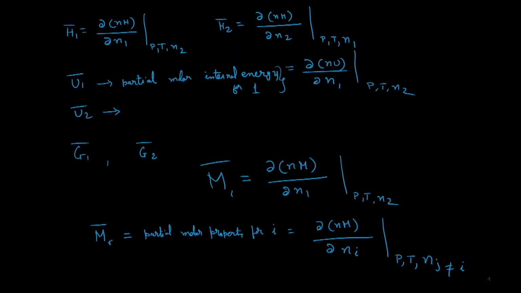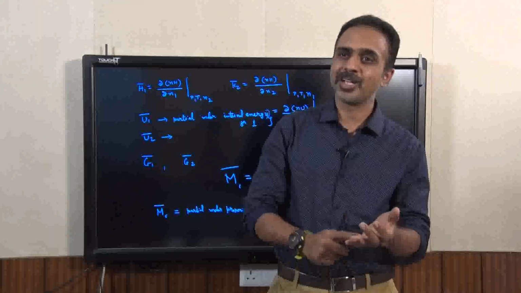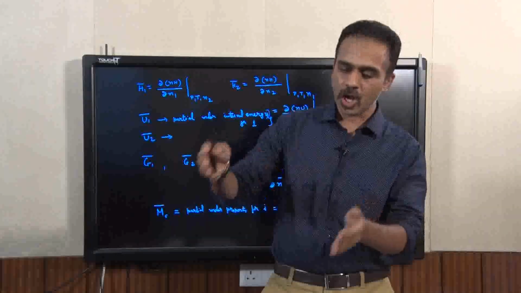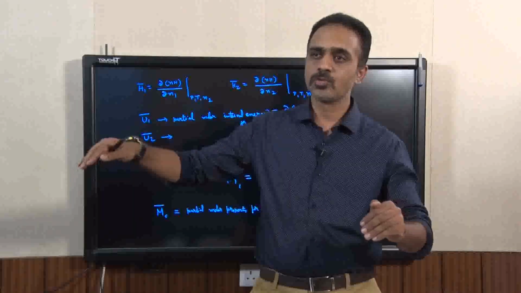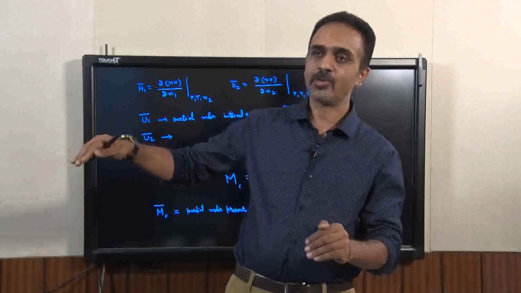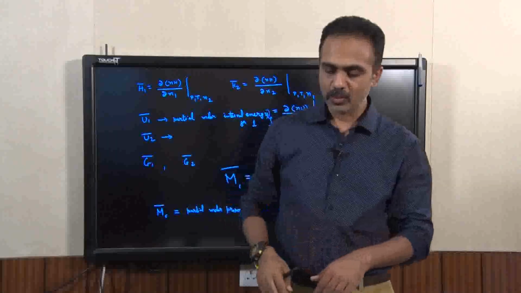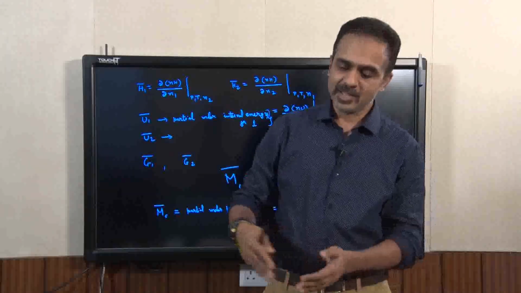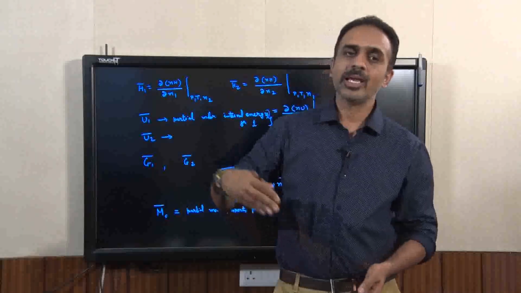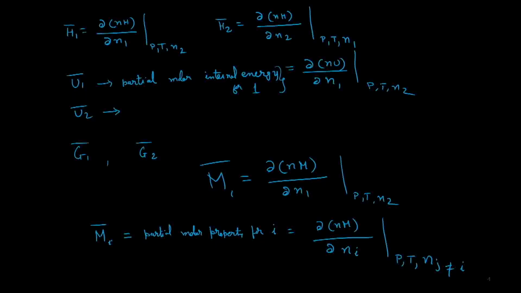So it would be the derivative of the total property M with respect to Ni when the temperature, pressure, and Nj, where that j is not equal to i, all those moles for all the other species j which are not i, need to be held constant. When we do that, we get what is known as Mi bar. This is the expression for a multi-component mixture. So we can extend this discussion from binary mixture to multi-component mixture in a straightforward fashion.